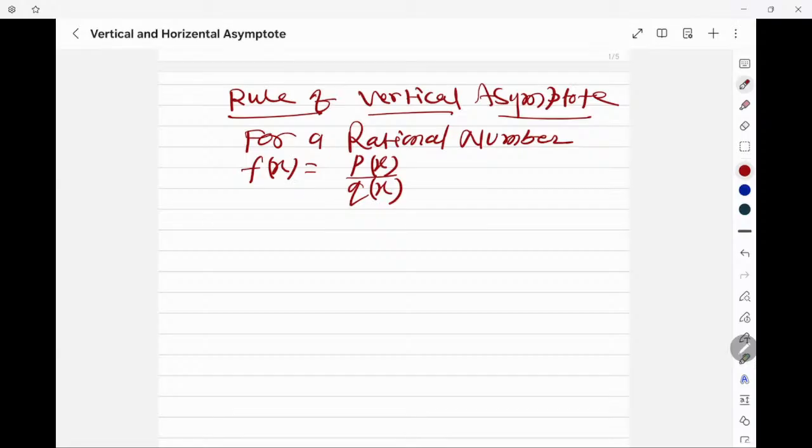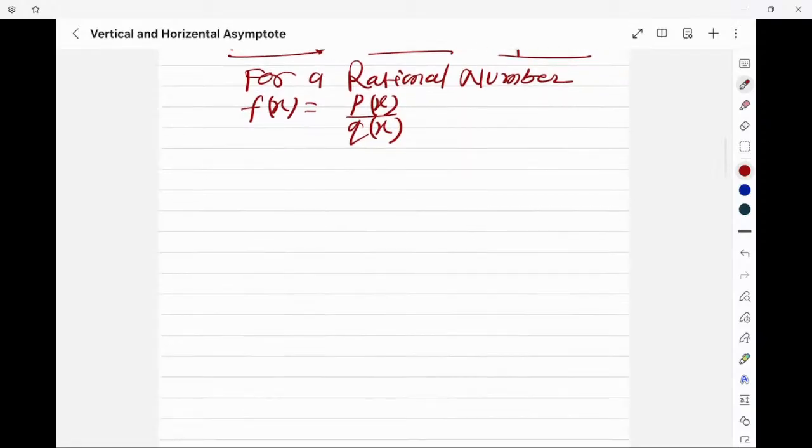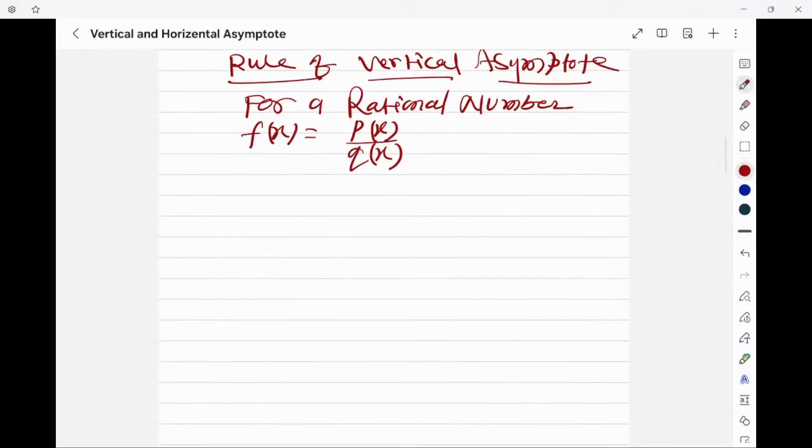We have to find the vertical or horizontal asymptote depending on the rational function. First we define the rational function and then follow the rule.